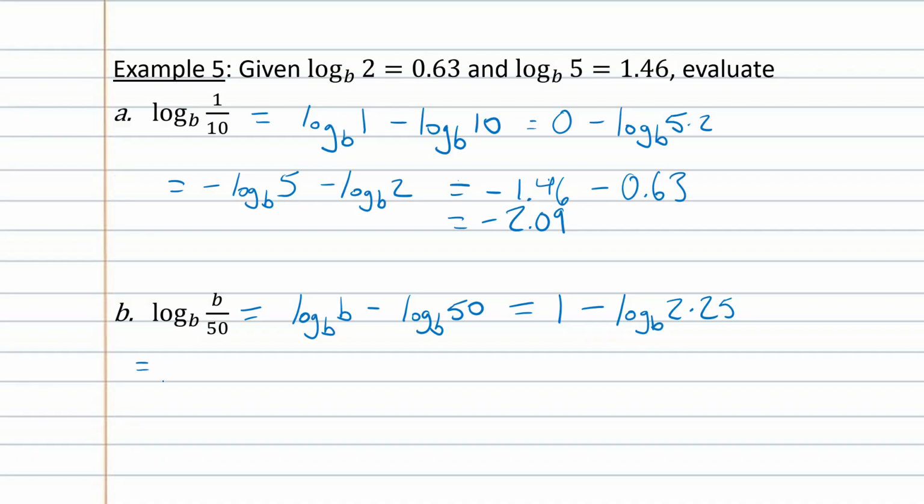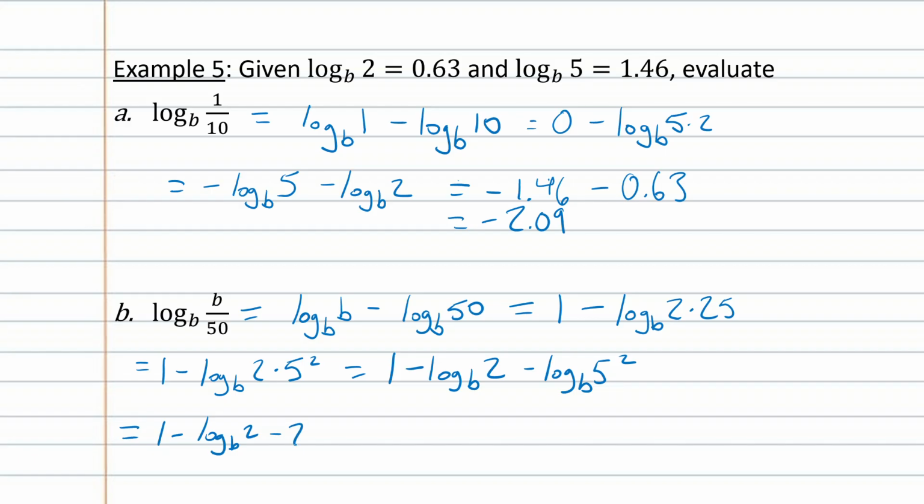This is going to give me 1 minus the log base b of 2 times 5 squared, which is the same thing as 1 minus the log base b of 2 minus the log base b of 5 squared, which is the same thing as 1 minus the log base b of 2 minus 2 log base b of 5.